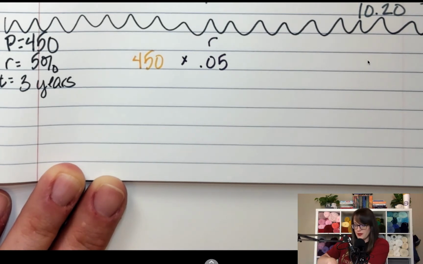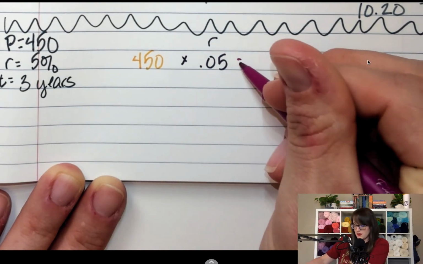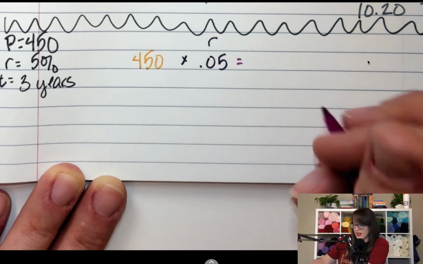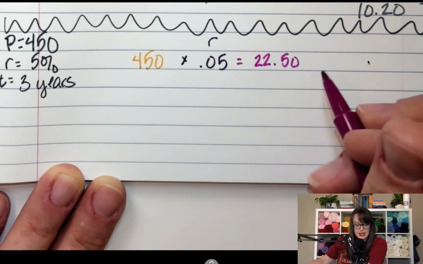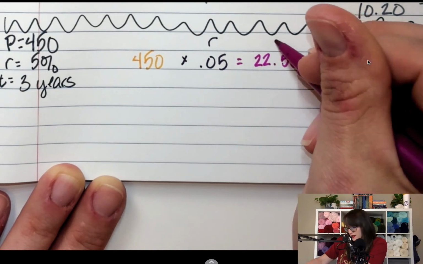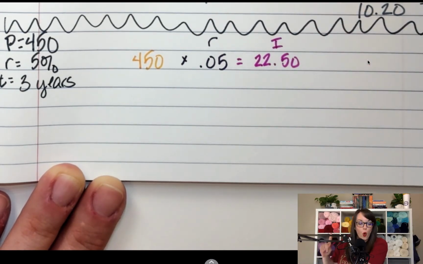So multiply those. What do you get? Make sure to round it to 2 decimal places. So I get 22.50. This is my interest after 1 year.